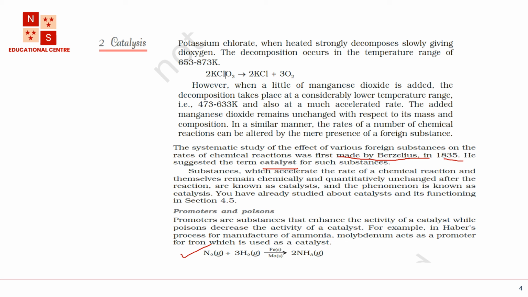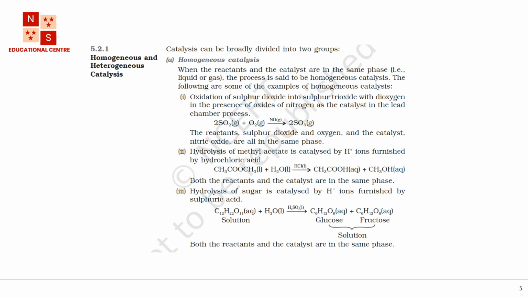Next, an example of a promoter is Haber's process, a very important process, the manufacture of ammonia. Iron is the catalyst, and here molybdenum acts as a promoter, which further helps the reaction to proceed.